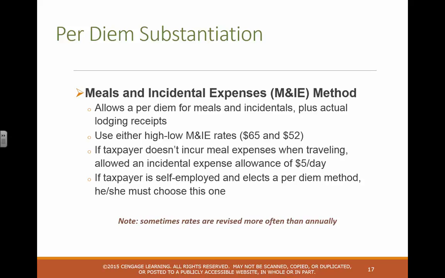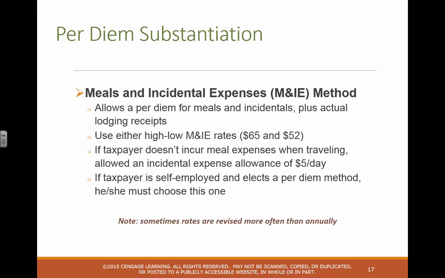Okay, your third method is called M&IE, meals and incidental expenses. This is where you take actual lodging and get a per diem for meals and incidentals. Why would you do that? Maybe where you're at is really expensive.